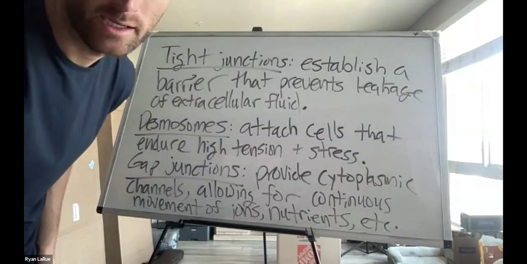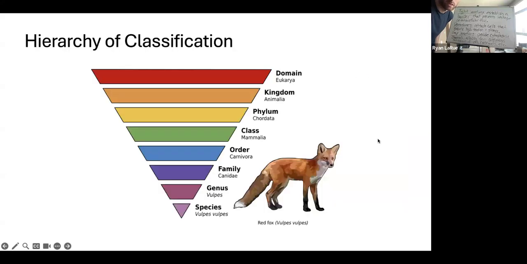Okay, what do we got next here? Okay. So, hierarchy of classification. This is really just how we group organisms, plain and simple. Of course, we don't get into this too much in this class because 1111 is a cell and molecular focused class.